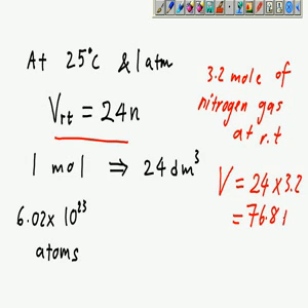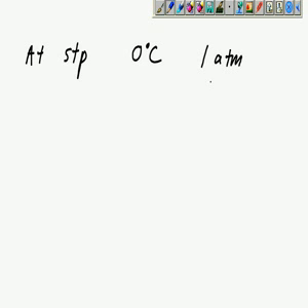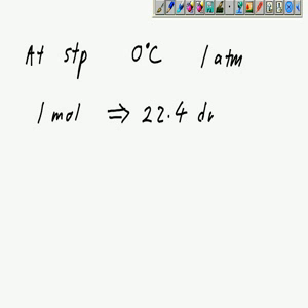dm cube. Another rule will be at standard temperature and pressure. They call it STP. Standard temperature is actually 0 Celsius, and pressure of 1 atmosphere. The volume occupied by a gas, if you have 1 mole of gas, will be 22.4 dm cube.